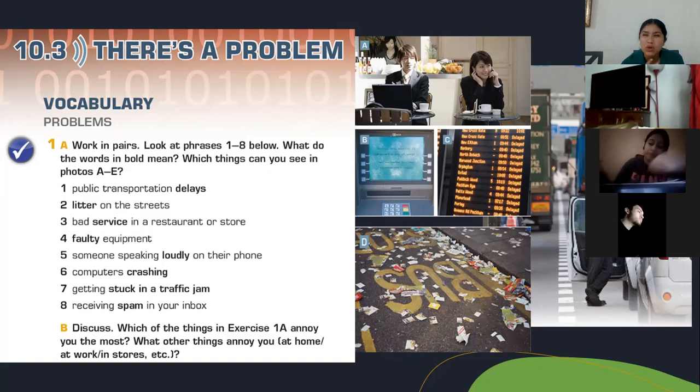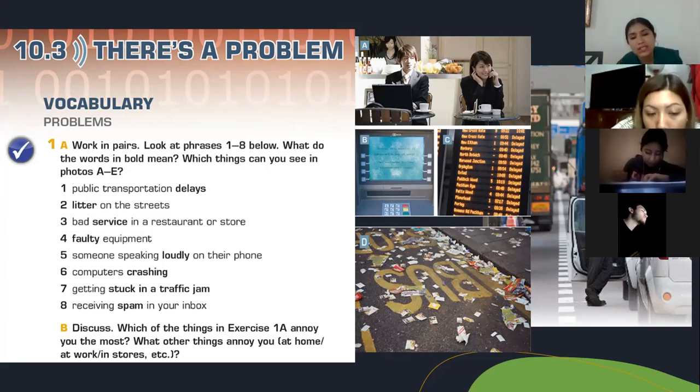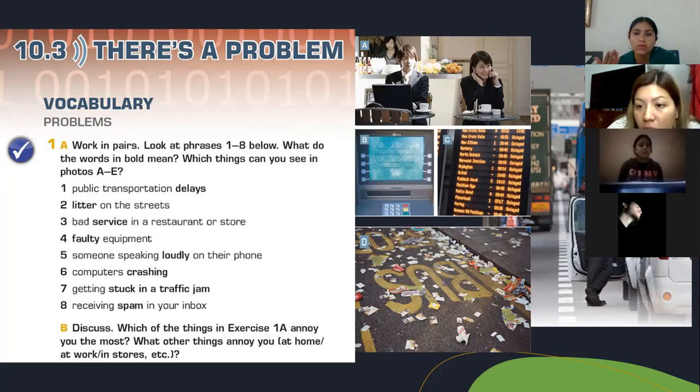Que más te molestan. For example, bother and annoy, they are related but different because en bother es cuando molestas a alguien o alguien te está molestando literalmente. Y annoy, pues son cosas, es algo molesto. So, which of the things that we read here annoy you the most? From the ones that are in here, which do you consider are very annoying for you?